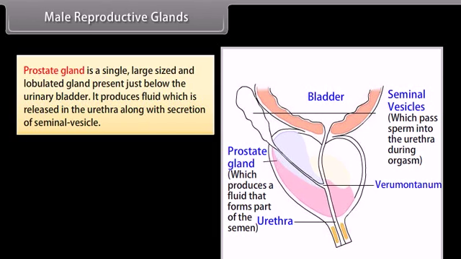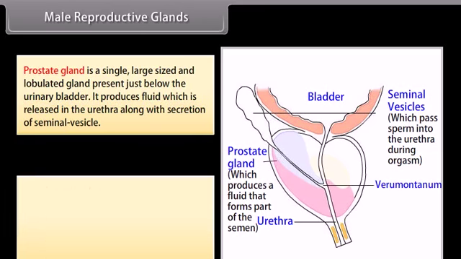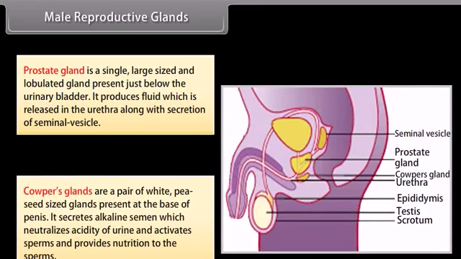It produces fluid which is released in the urethra along with secretion of seminal vesicles. Cowper's glands are a pair of white, pea-seed-sized glands present at the base of penis. They secrete alkaline semen, which neutralizes acidity of urine, activates sperms and provides nutrition to the sperms.